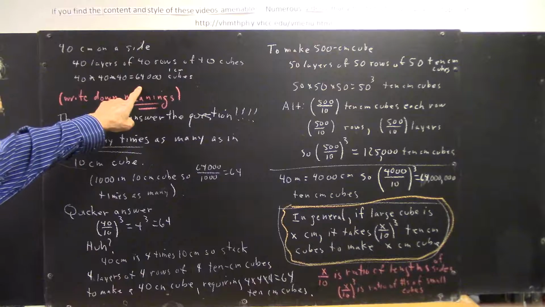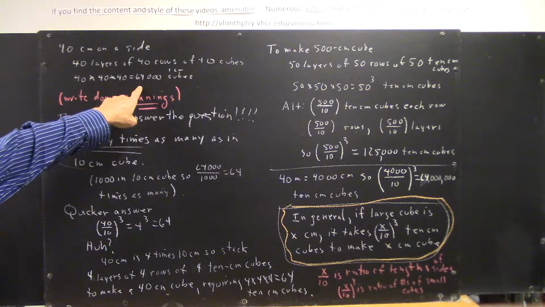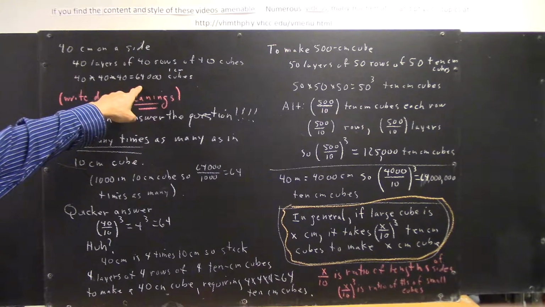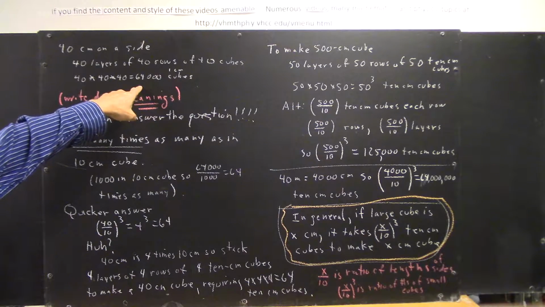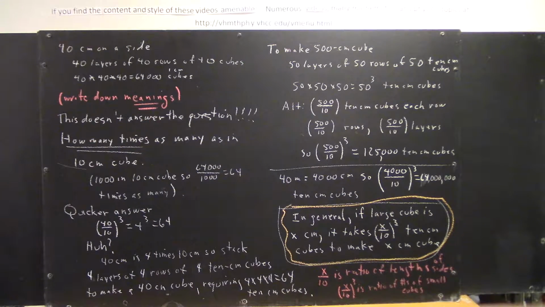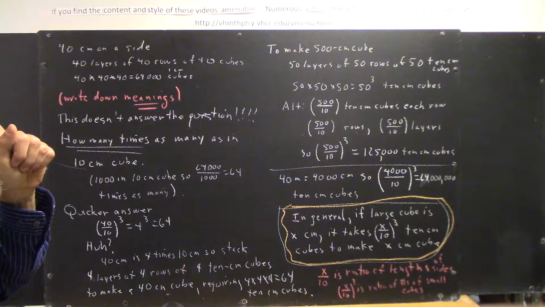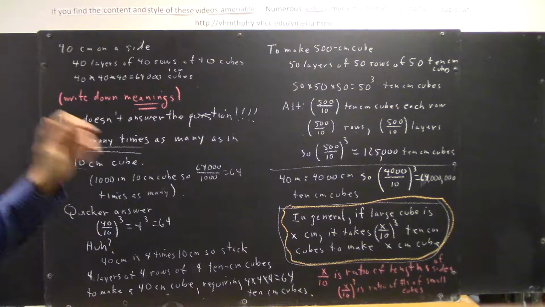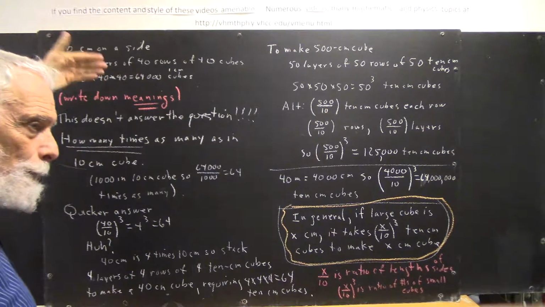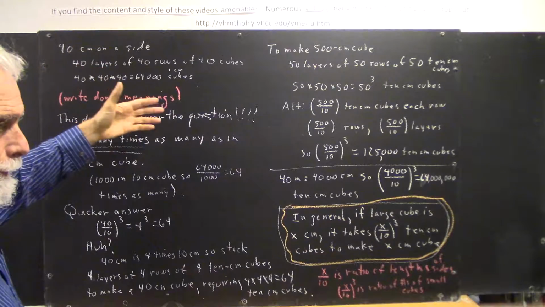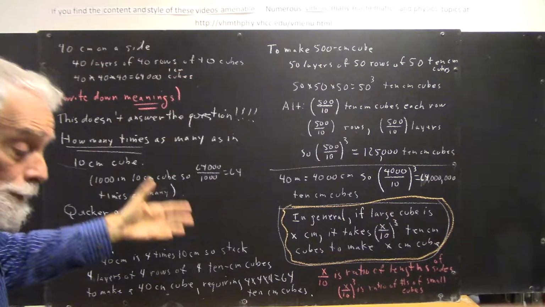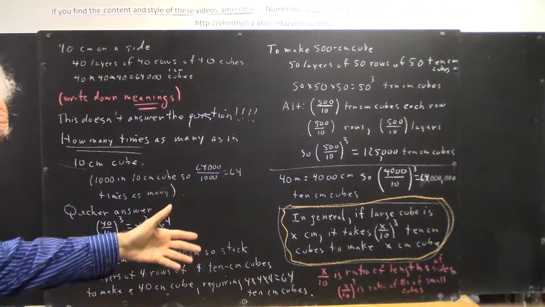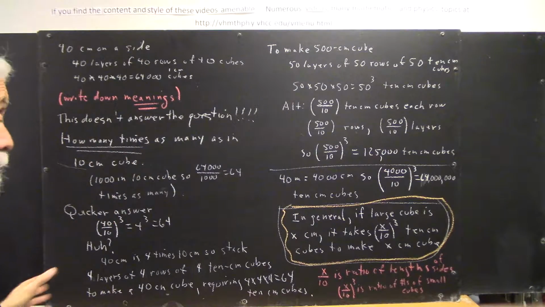So if you think 64,000 is an answer to this question, you're missing something important. If you can see things clearly in a mathematical problem, you're more likely to see them clearly in everyday questions, in everyday conversation, in everyday debate. And I think it's really important to have that.